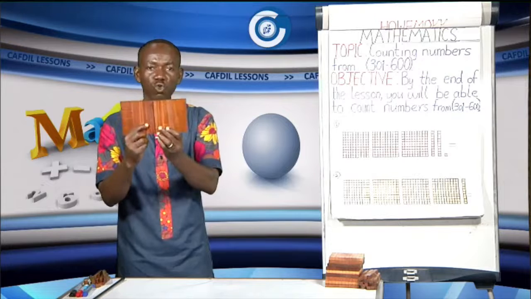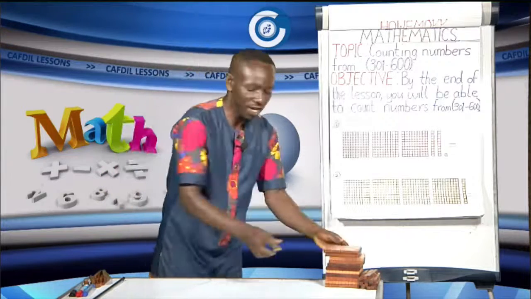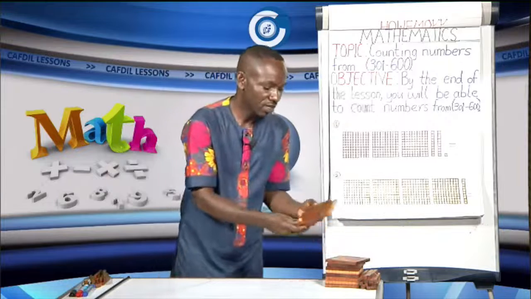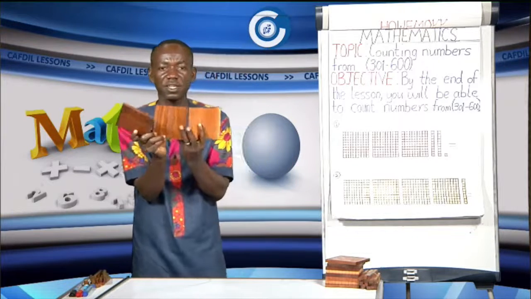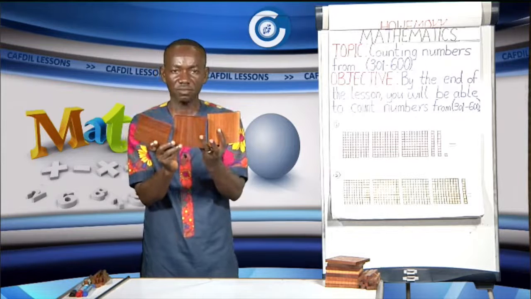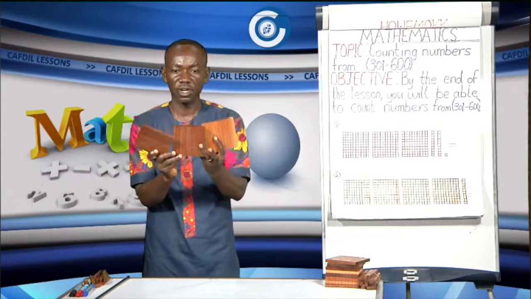Remember, we are counting from 301 to 600. So when we have 3 of the flats, this is giving us 300.